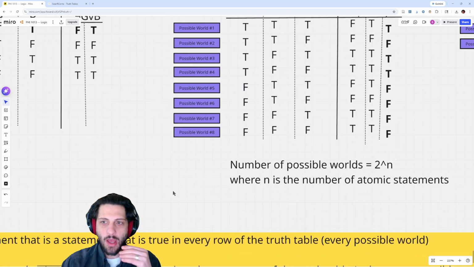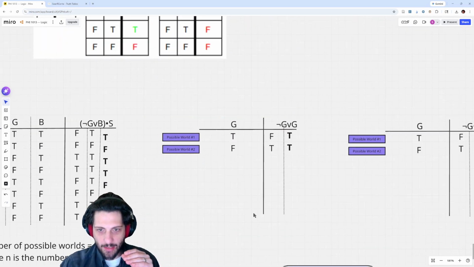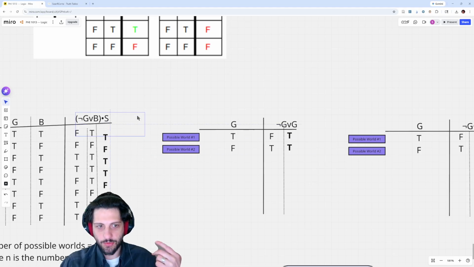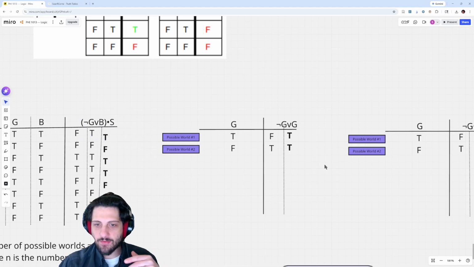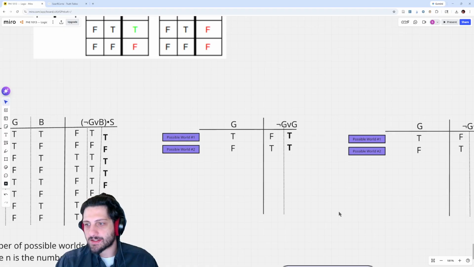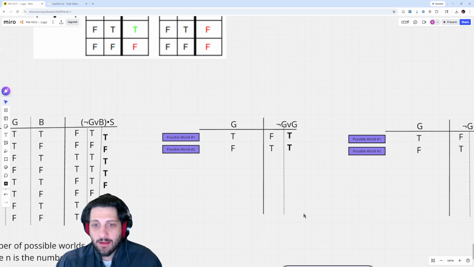Right? So, as we saw at the very end last time, some statements are true no matter how the world goes. Right? So, like if I said, hey, either Santa Claus exists or Santa doesn't exist, right? Like it doesn't matter how the world actually turns out, I'm right either way, right?